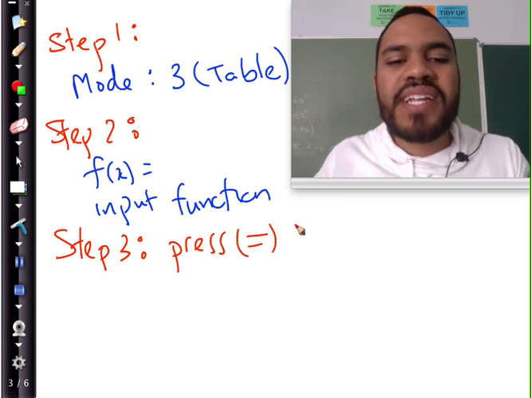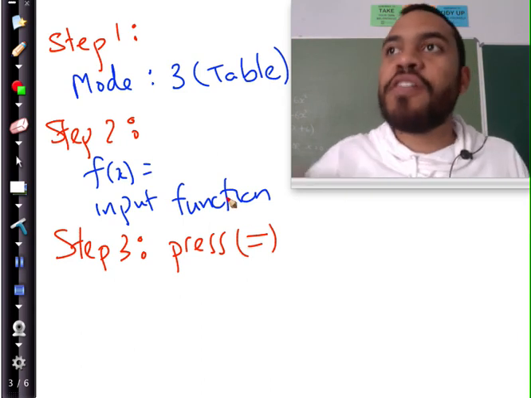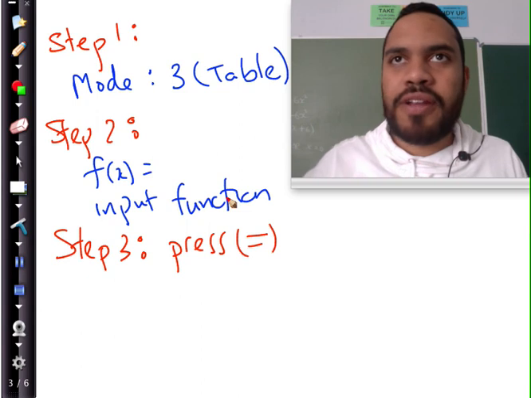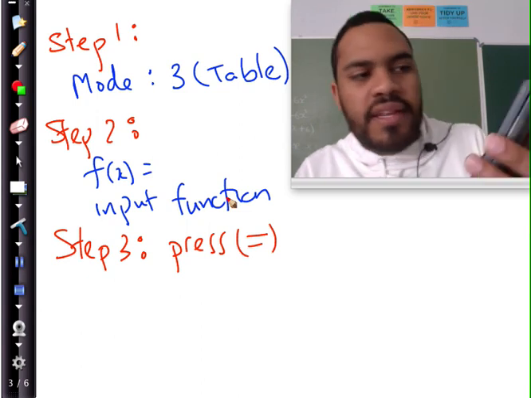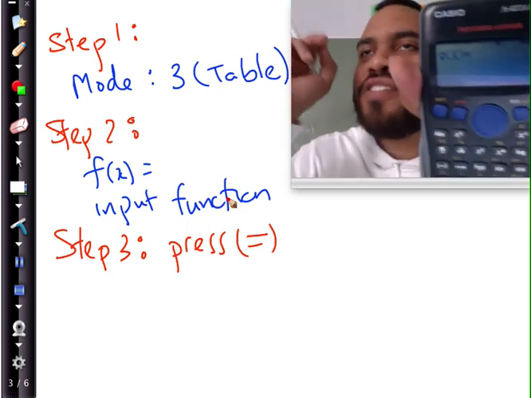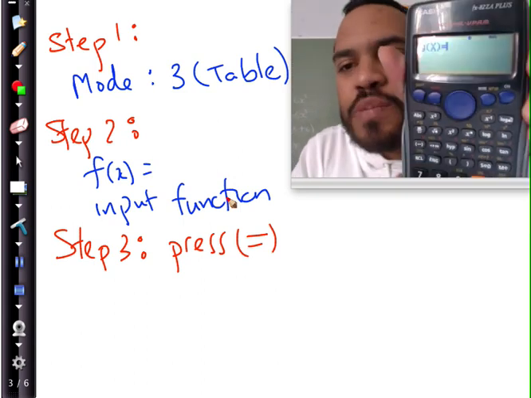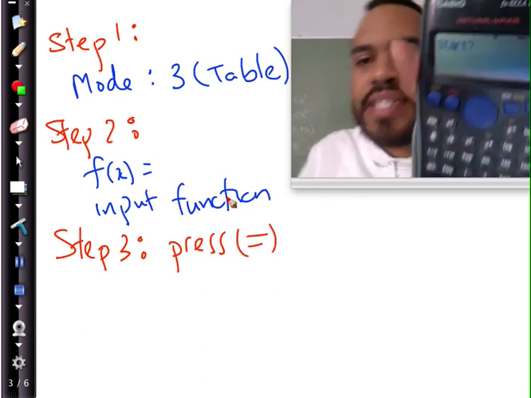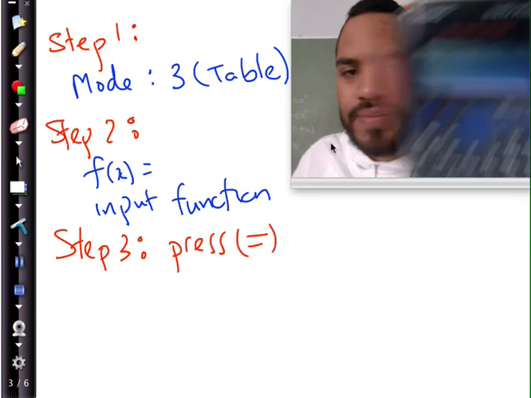Now it has captured the value of f of x. If it asks you for g of x, don't worry about it. If you have g of x on your calculator and you're not putting anything in there, just press equal to again. It's going to ask you for start.